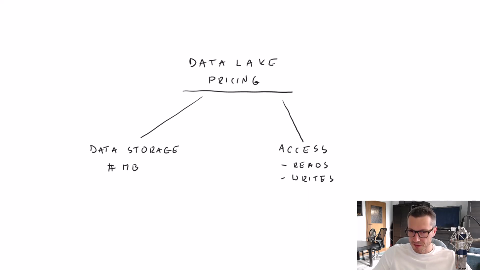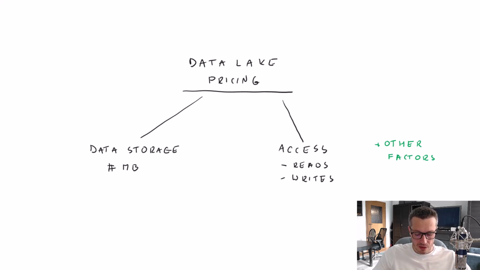There are also some other factors that have impact on our costs, for example, these data redundancy options that we covered last time. But basically, those two things are the major parts: data storage and data access. But let me just write the other factors that are included as well.